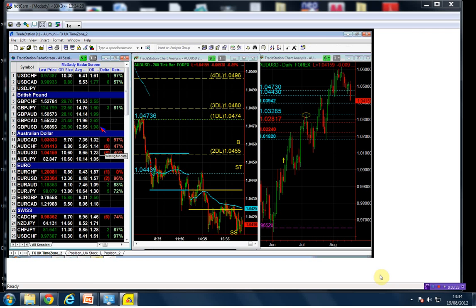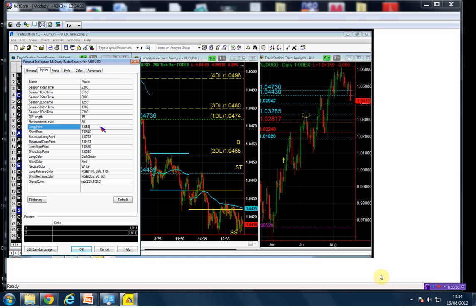So for the Aussie dollar, we are buying it above the 104.55, and the structural long point is going to be the 104.73, and our stop is going to be the intraday structure, which is the 104.43, and that will be the long stop and the short stop.